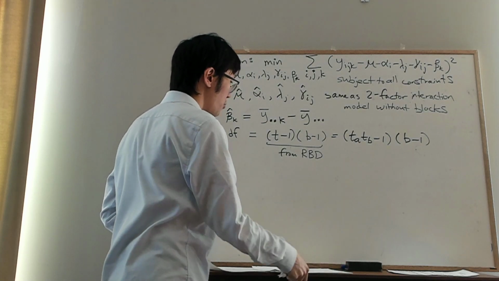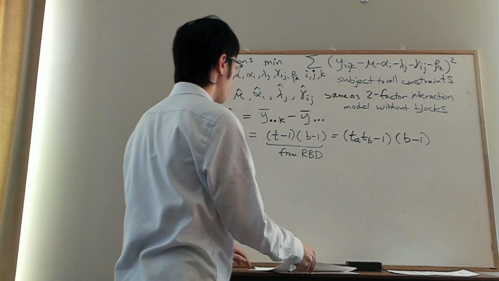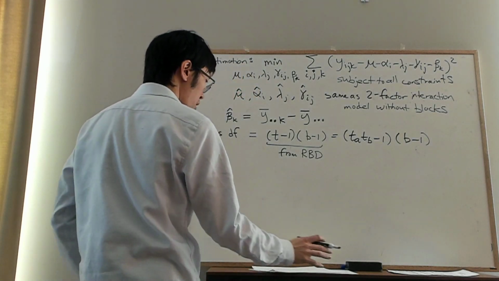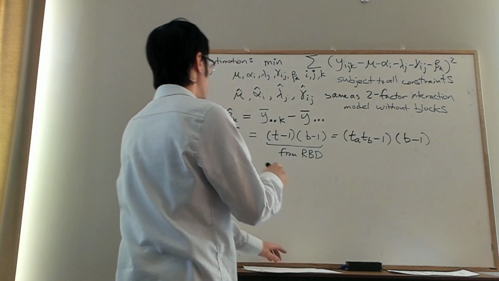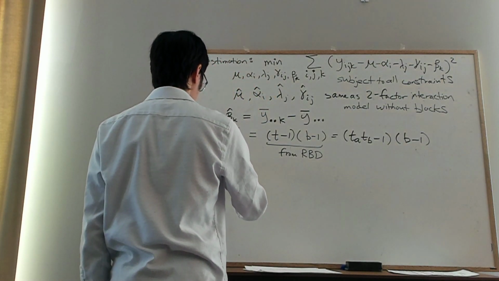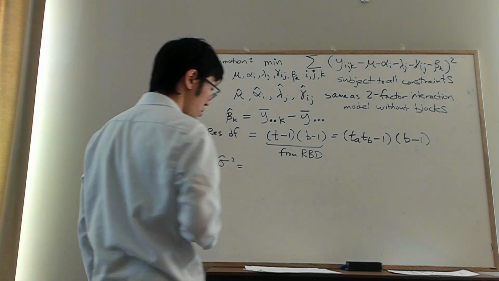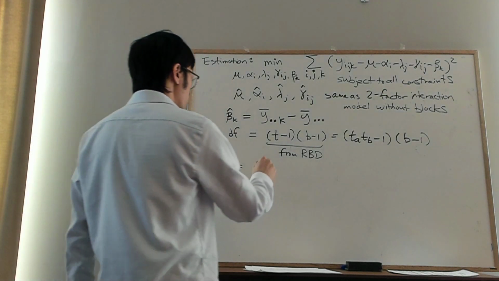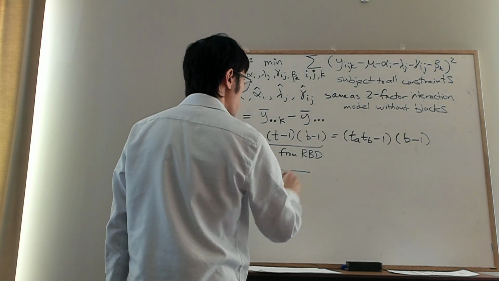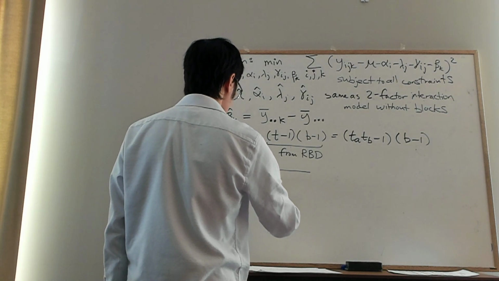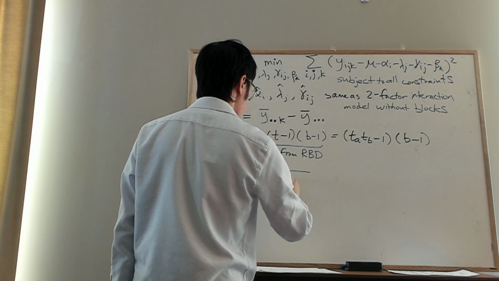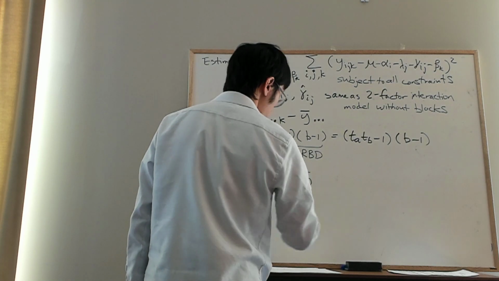Okay, so once we have that, we can write down the actual estimate for the residual. So let's do sigma squared hat. We need 1 over the residual degrees of freedom, so let's copy that down here: TA TB minus 1, times blocks minus 1.